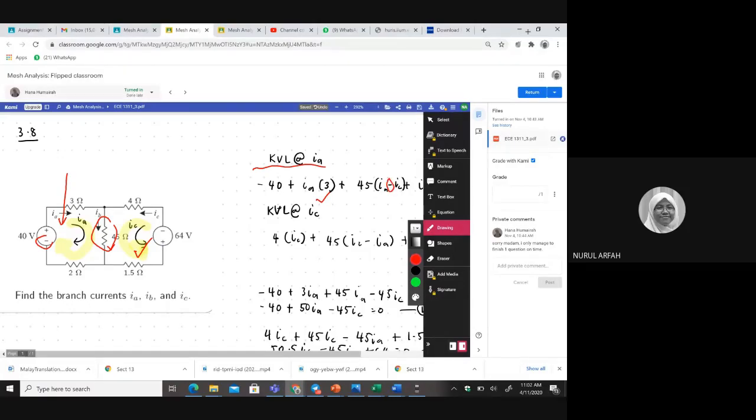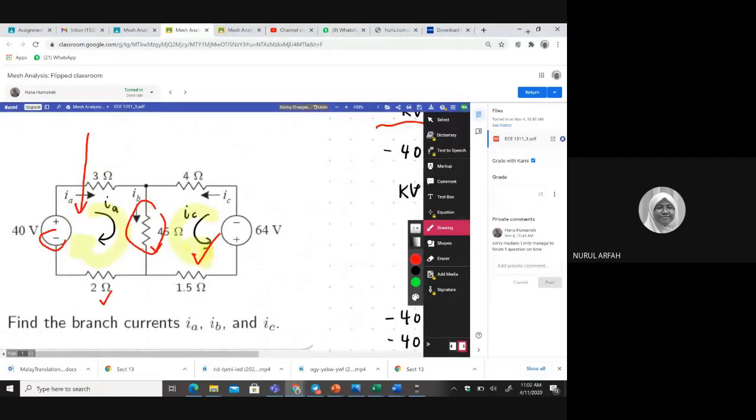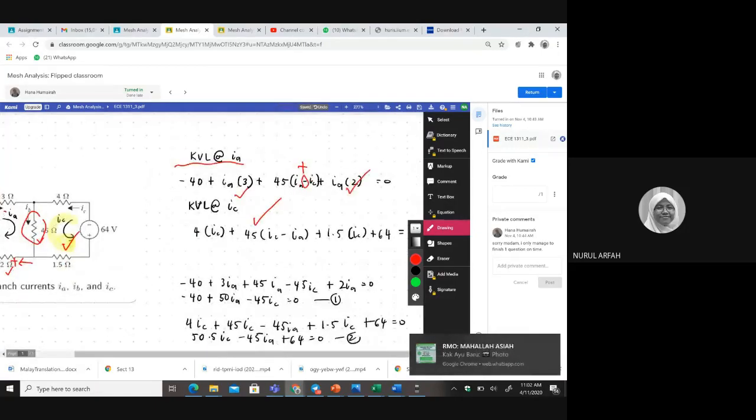Instead of using the minus sign, you need to put a plus sign, if let's say you put a different direction of your current loops here. So this is plus, and then plus what? You have 2 ohms here, and since this is going into a passive element, you should have a plus. So plus 2 IA here. So for this part, yes, correct. This one correct. This one correct, but this one is wrong.